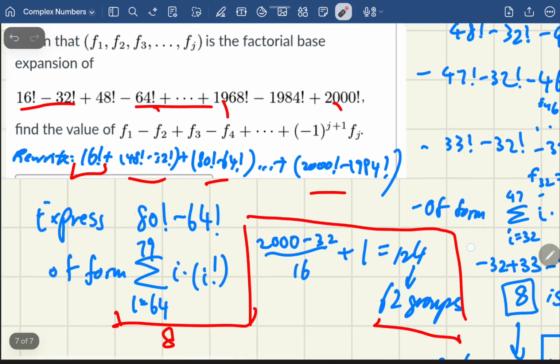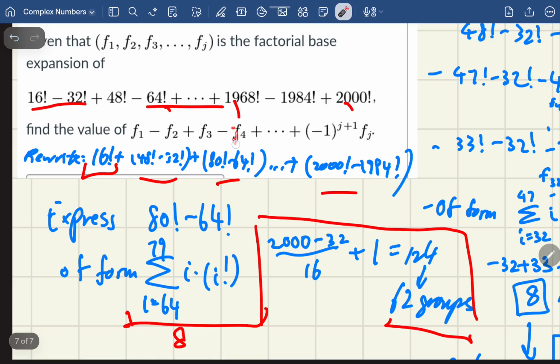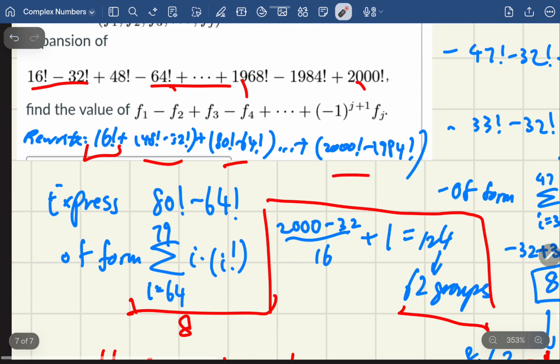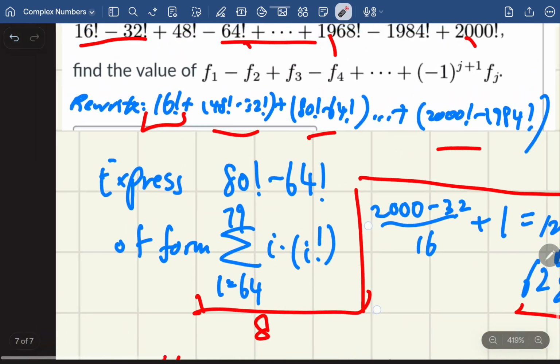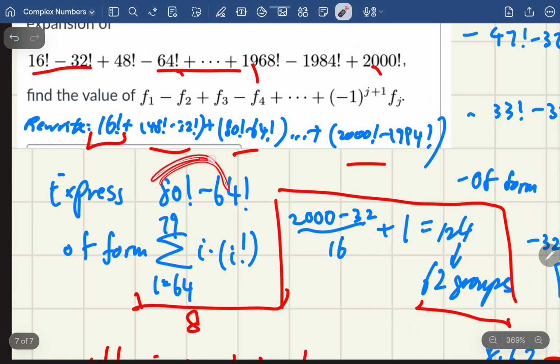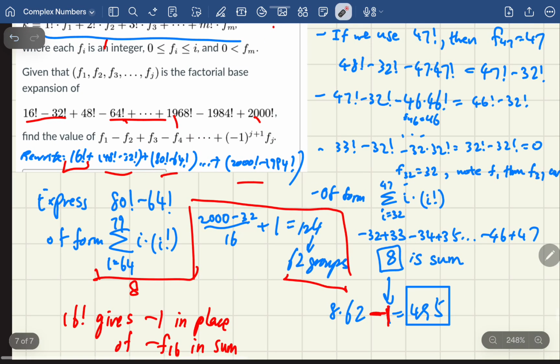And it turns out that all the other groups also sum to 8, because it's just a similar process, except using larger numbers, right? Note the spacing between these numbers is always 16, right? And you don't have any double contributions for the same factorial.